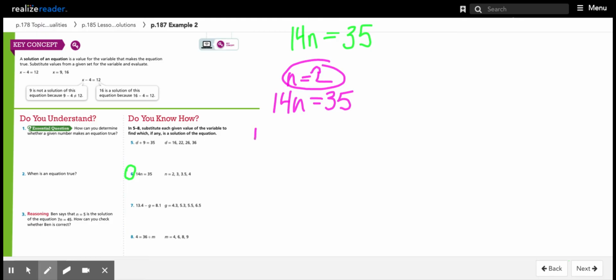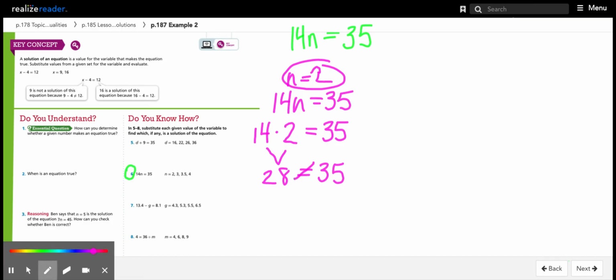What operation is this 14n? 14n is 14 times. So I will have 14 times 2 is equal to 35. Let's evaluate that left side of the equation. 14 times 2 is 28. So is 28 equal to 35? No, that n equals 2 is not a solution.